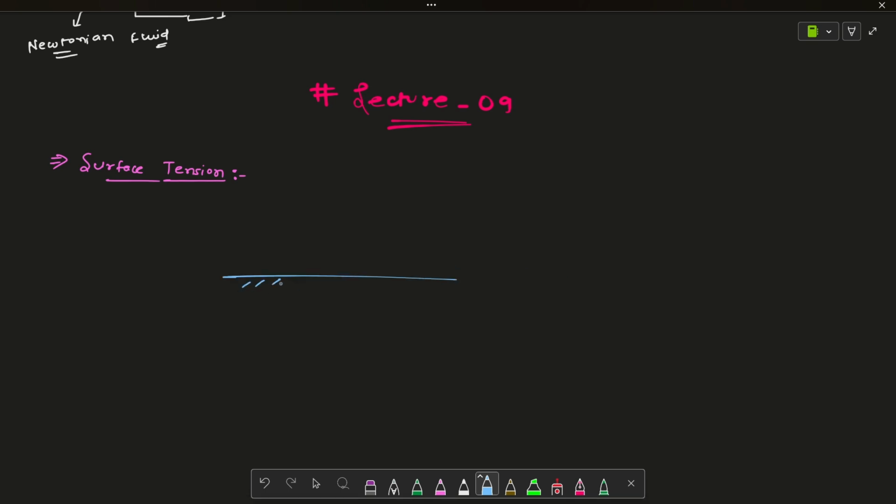Let's suppose a table is there, and you put a drop of water on it. Let's say this is a water droplet. Now you see there are two fluids: one is the atmosphere, which we call air, and the other is the water droplet.